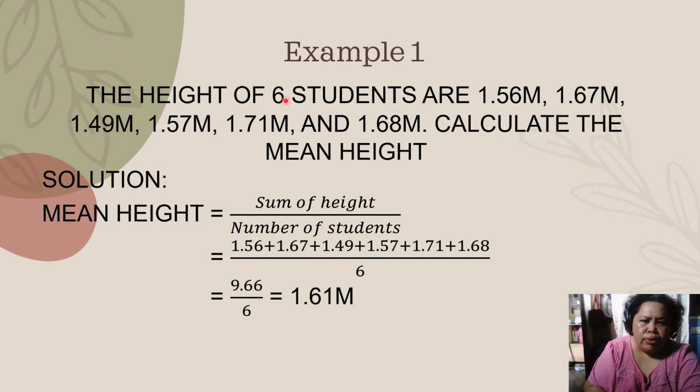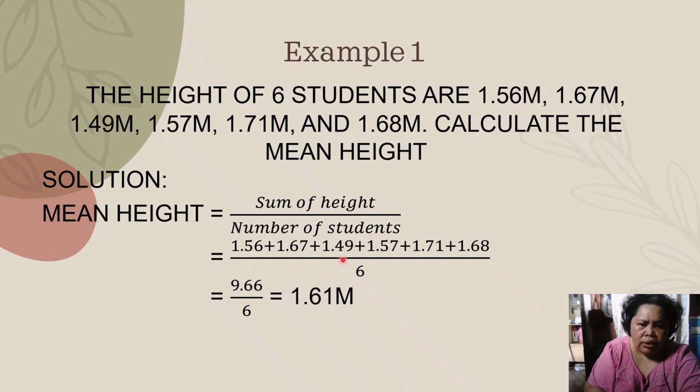Now, for example, the heights of 6 students are 1.56 meters, 1.67 meters, 1.49 meters, 1.57 meters, 1.77 meters, and 1.68 meters. Calculate the mean height. Your solution should be: find the mean height, that is the sum of the heights over the number of students.